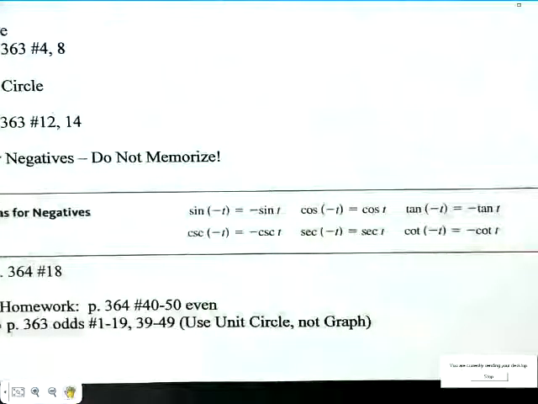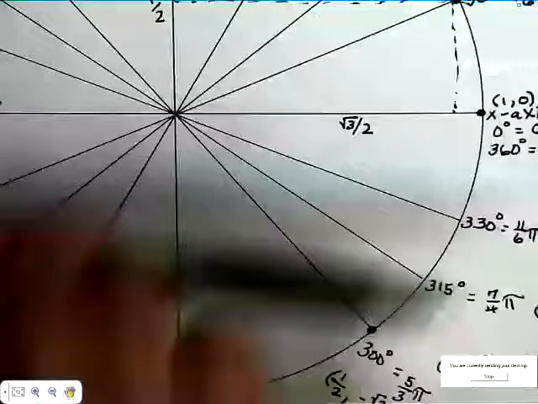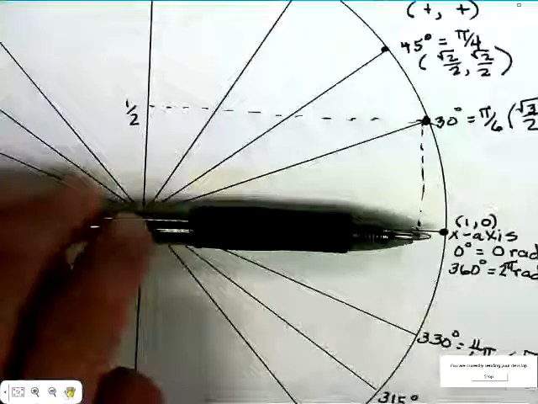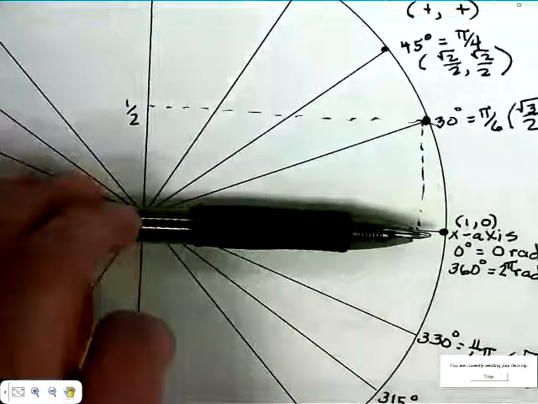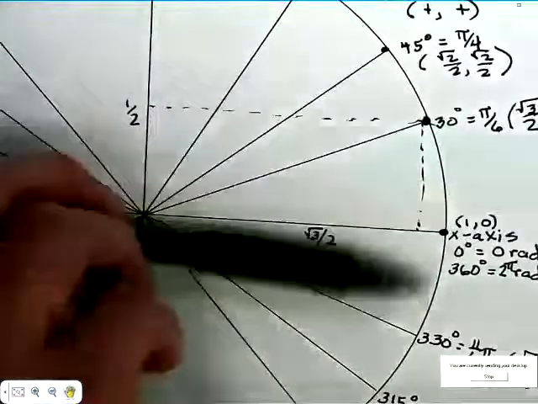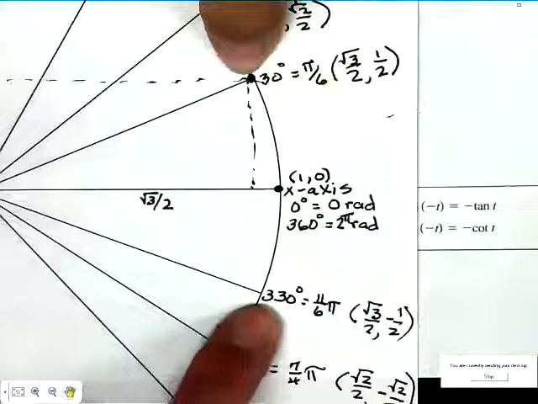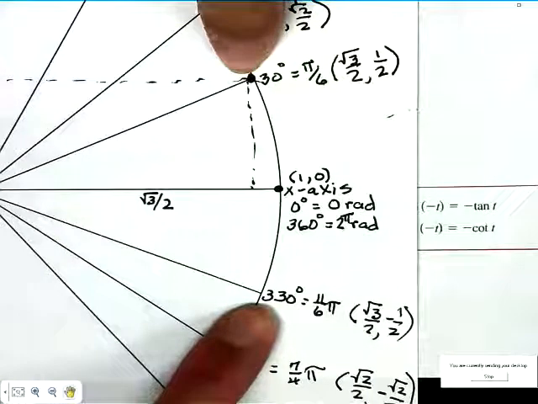Let me think about that for a second. Where's my big unit circle? Here it is. Here's 0 radians. If I go t radians counterclockwise or t radians clockwise, say 30 degrees counterclockwise or 30 degrees clockwise, what stays the same, the X or the Y?